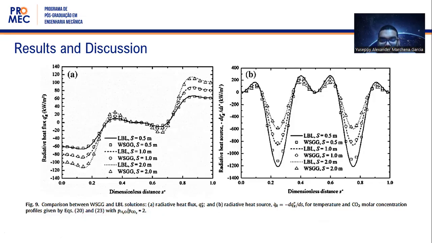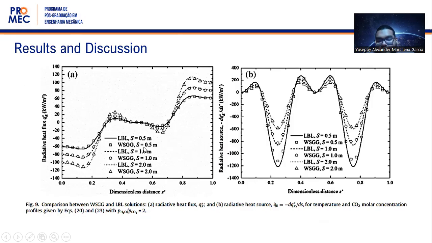Despite this, the WSGG model reproduced the L by L solution satisfactorily. So, whether we have just a line in the center or just a point in the center, the WSGG model is very accurate compared to the L by L method, right? It's a good modeling.